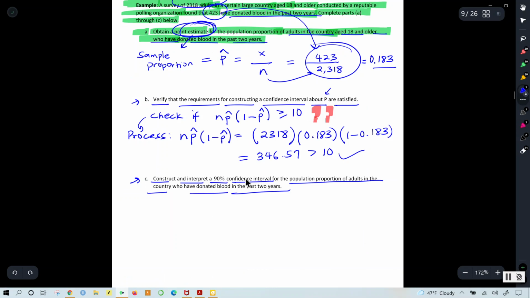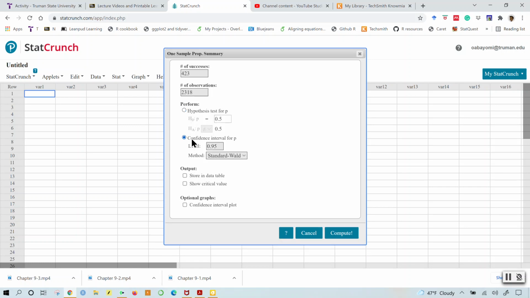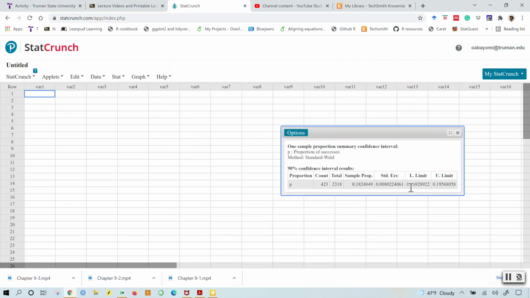And I'm going to need the confidence level, which is 90%. So I am going to click on confidence interval for p. I want 90%, 0.90. Leave this as standard Wald and compute. And I have my confidence interval from 0.169 to 0.196.